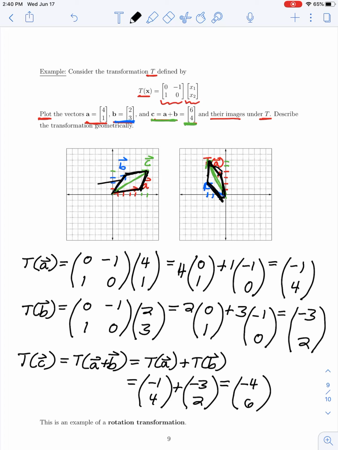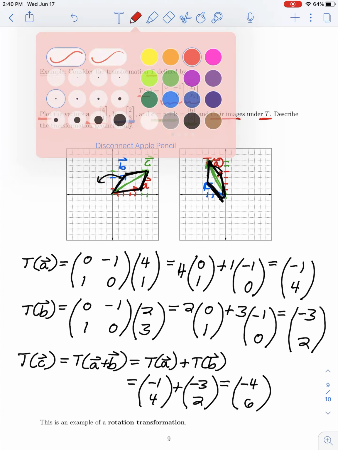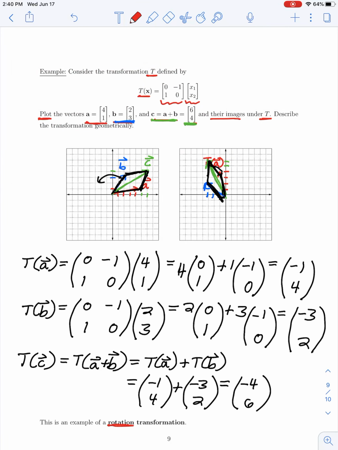So if we were to rotate this original parallelogram counterclockwise, we appear to have the parallelogram shown as our output here. So this is an example of what is called a rotation or rotational transformation.